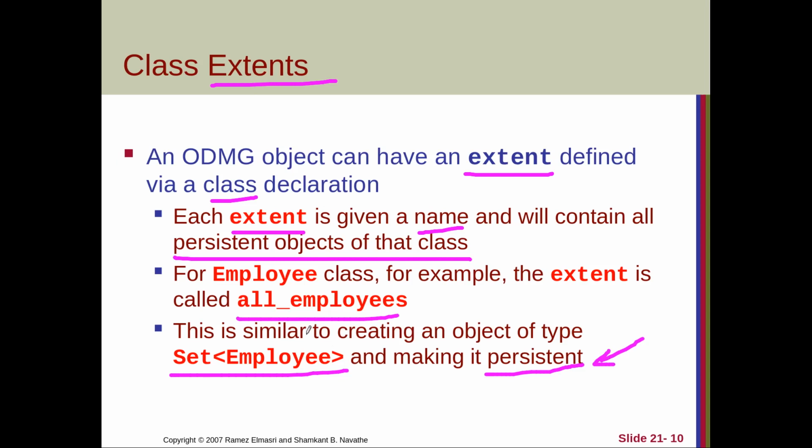But if you are using this extend directly, we can provide the extend name in the class declaration itself, and later we don't need to make it persistent. Automatically that extend name will be of persistent type, so all the objects present under that extend name will also be persistent.